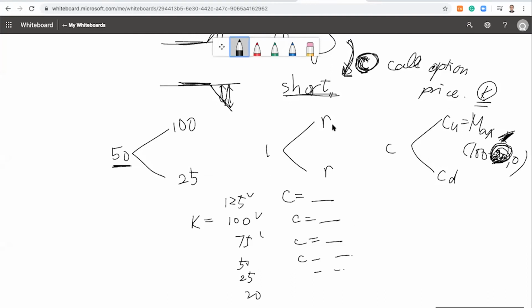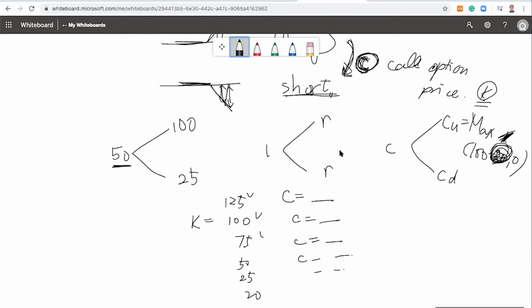But as we move on, what I mean by move on is that we start from the one-step binomial tree, but today we are going to go up to the n-step binomial tree.